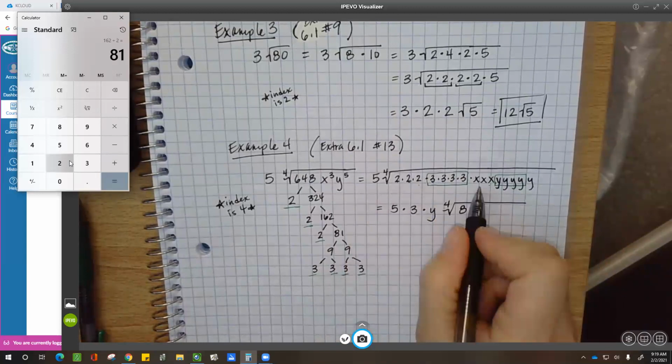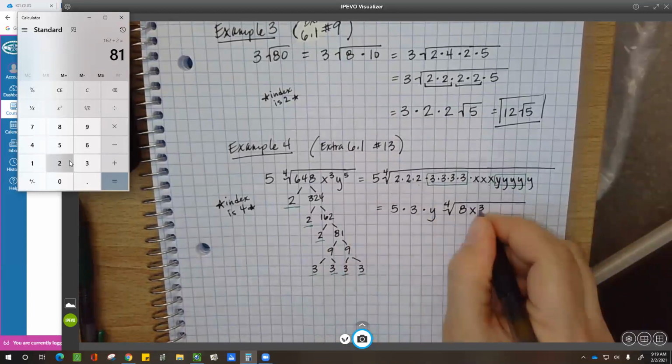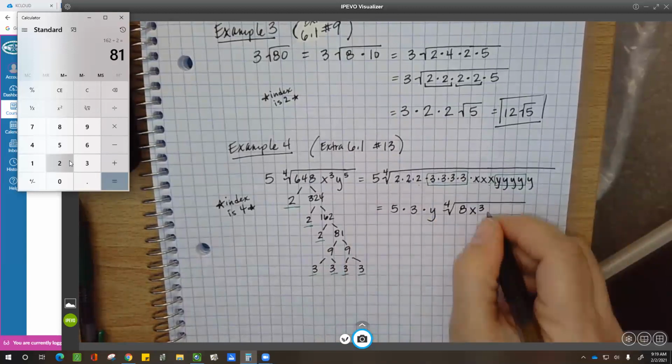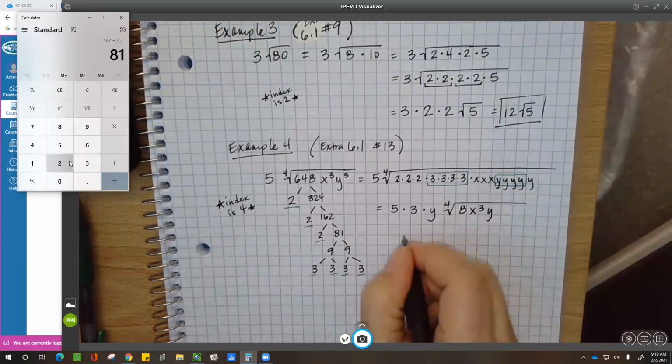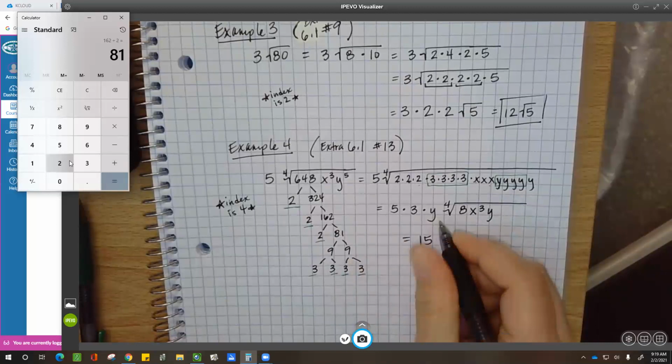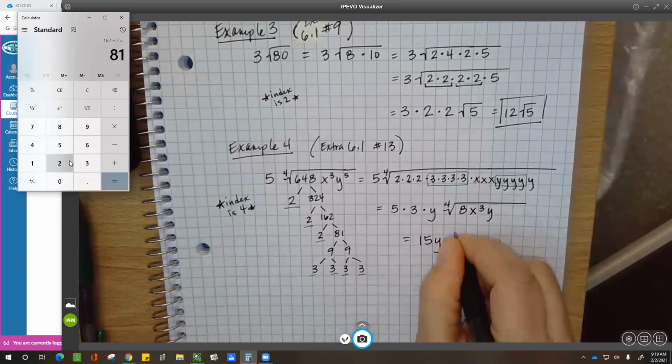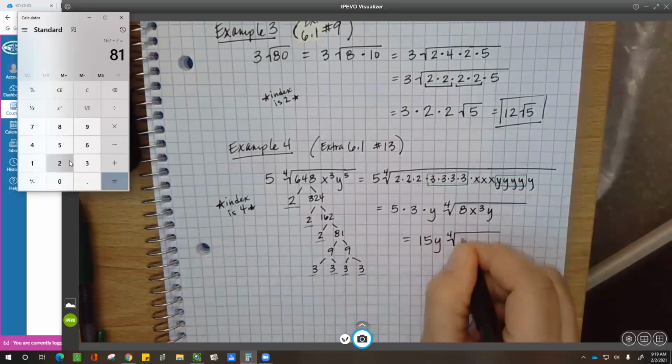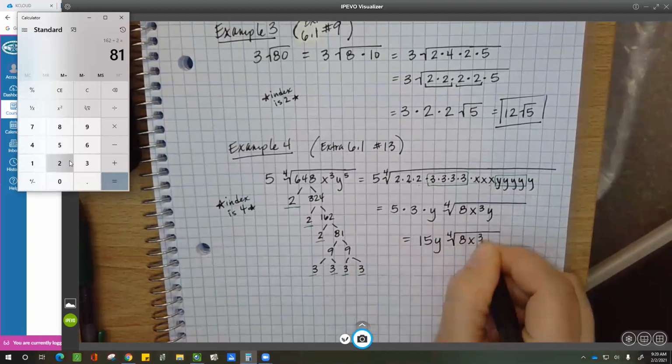X times x times x is x to the third, and then y. So I have 5 times 3 is 15. 15y, fourth root, 8x to the third, y.